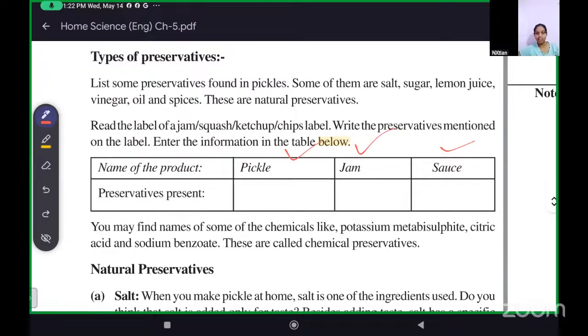Shall I show you one example? Let me check if I can find it.